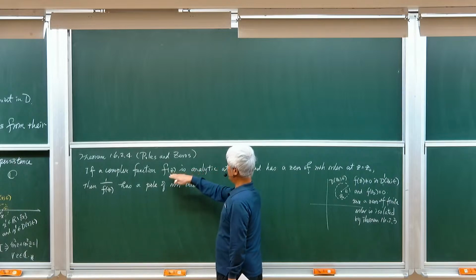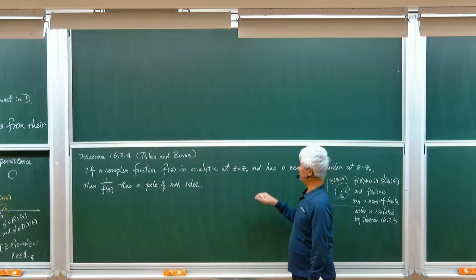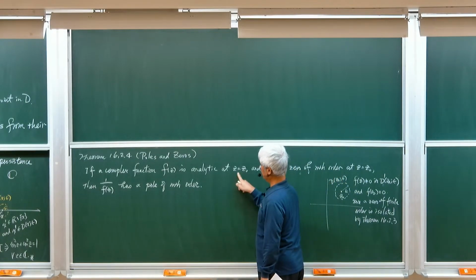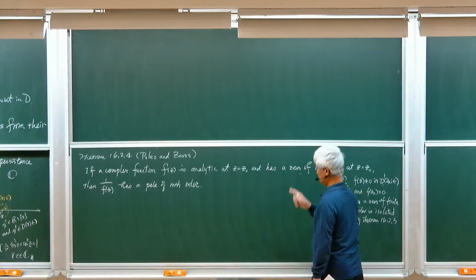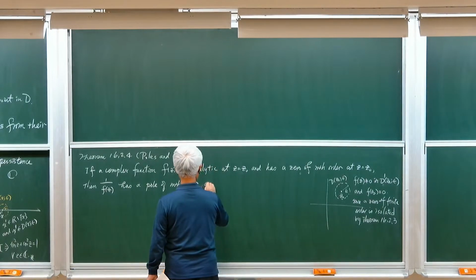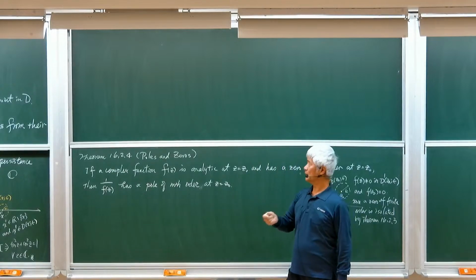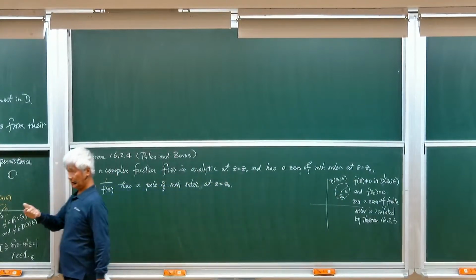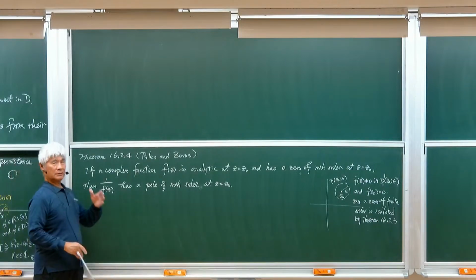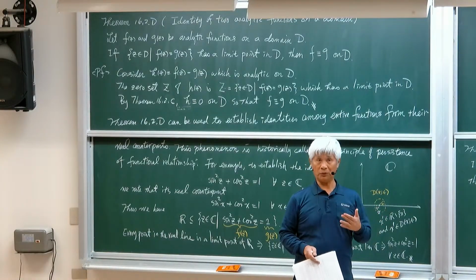So now, an analytic function has a zero at the point z0. Then its reciprocal has a pole of mth order at z equal to z0. So by taking the reciprocal of an analytic function, you turn a zero of mth order into a pole of mth order.